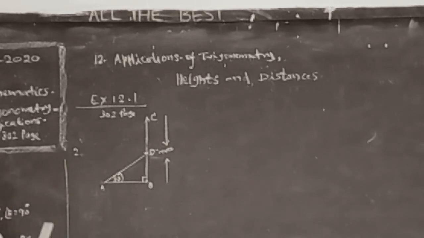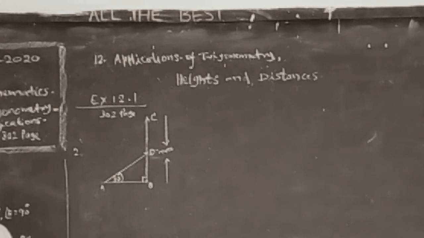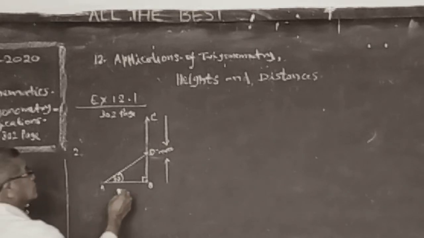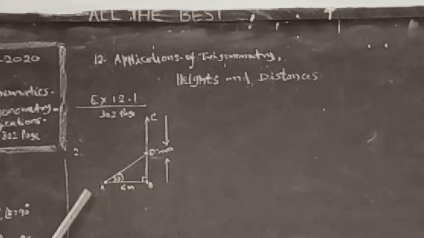Due to the storm, it was broken at some part at D. The top of the tree, without detaching, is touching the ground at A. The angle of elevation is given as 30 degrees, and the distance between the foot of the tree and the top of the tree touching the ground at A is 6 meters, as given in the problem. We have to find the height of the tree.